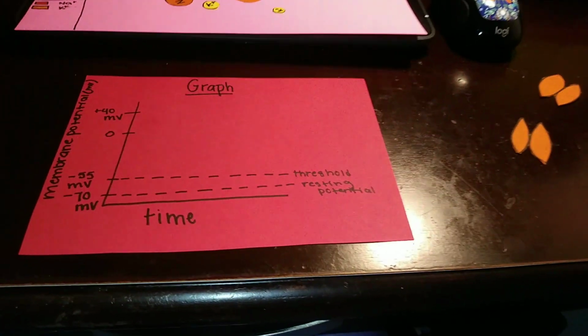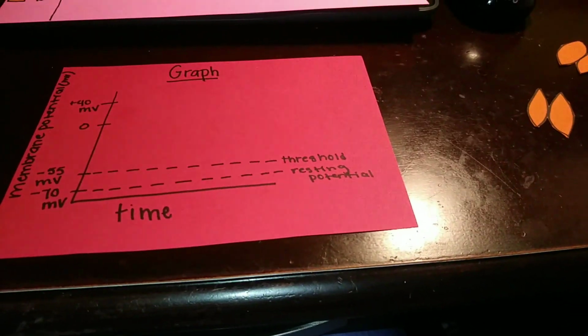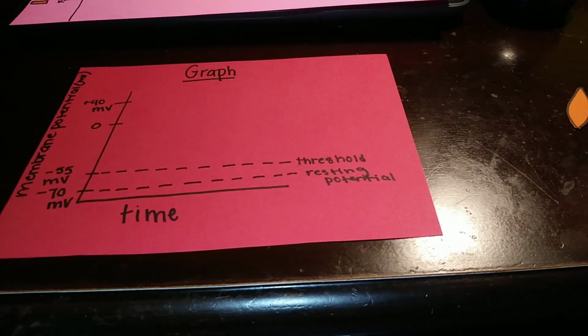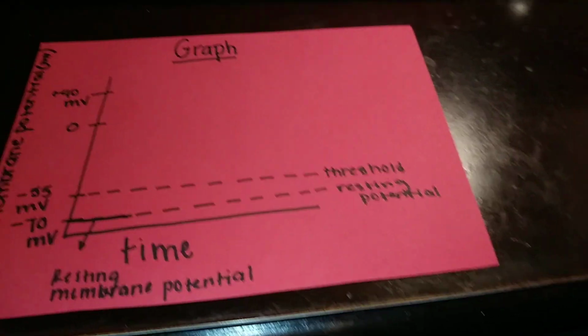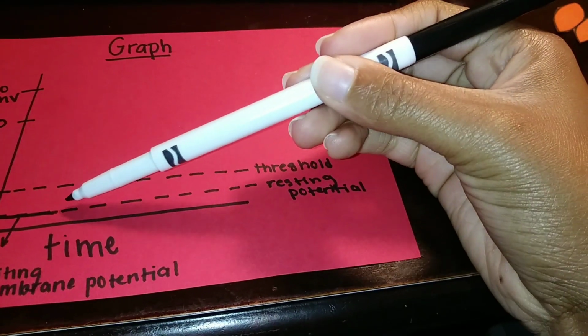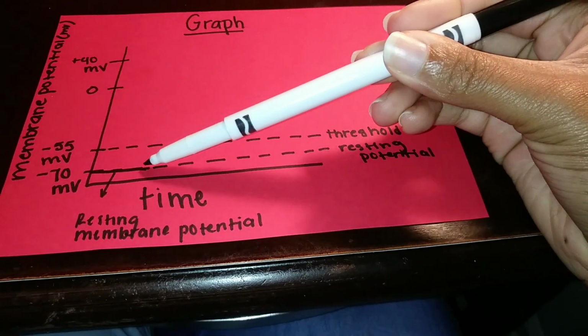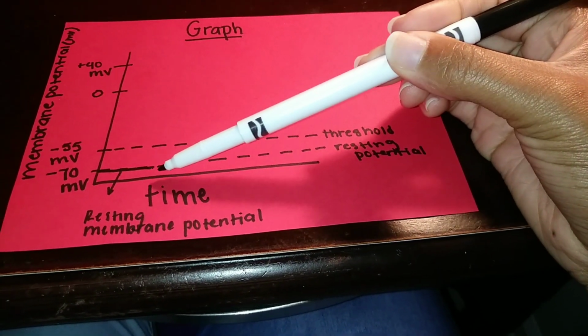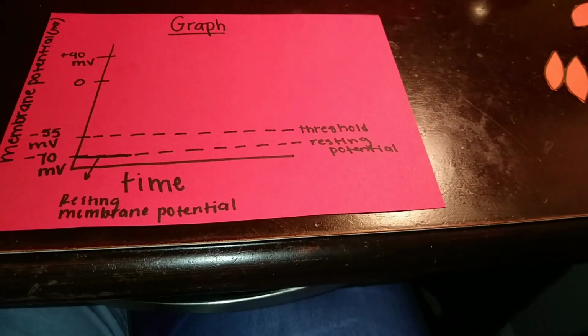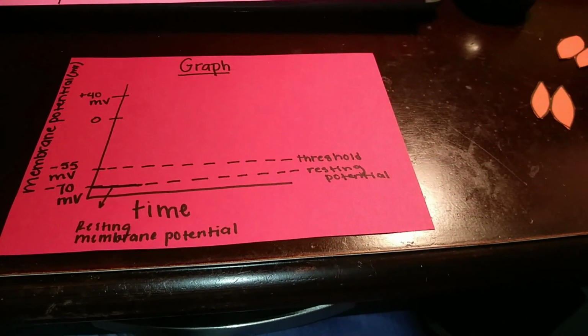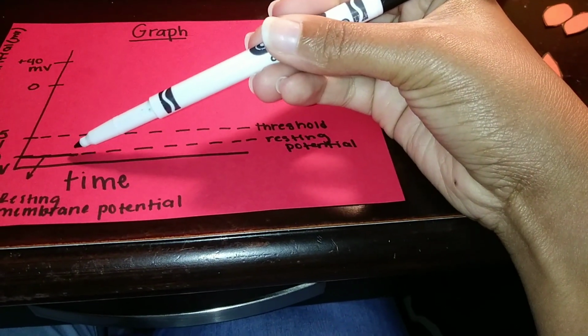Okay, so first we're going to draw the resting membrane potential on the graph. I've drawn it, and it's just staying at a constant negative 70 mV. When you're at the resting potential, it is always negative 70 mV.